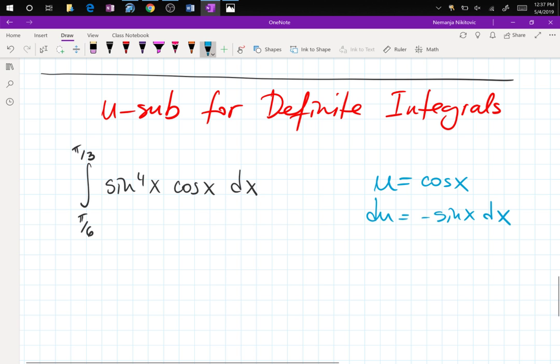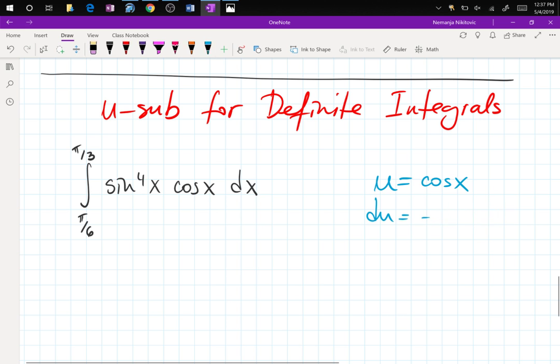So now do you see how I still have three sines that are an issue? Because if I use one sine and dx, and I replace this with u, I still have sine cubed to deal with, because I only used one up for dx, right? So what happens when you are not able to substitute?